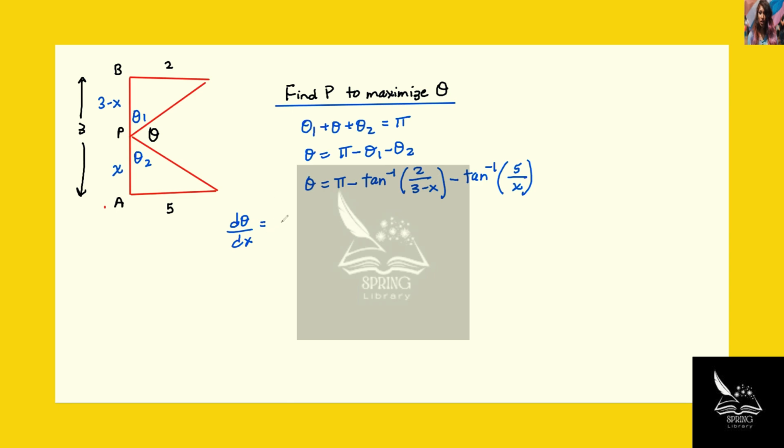Minus inverse tan: in general the derivative is 1 over the argument squared plus 1, but we still have the chain rule. So the derivative of 2 over 3 minus x is minus 2 over 3 minus x squared, but we get a double negative, so it's plus 2 because of the chain rule.